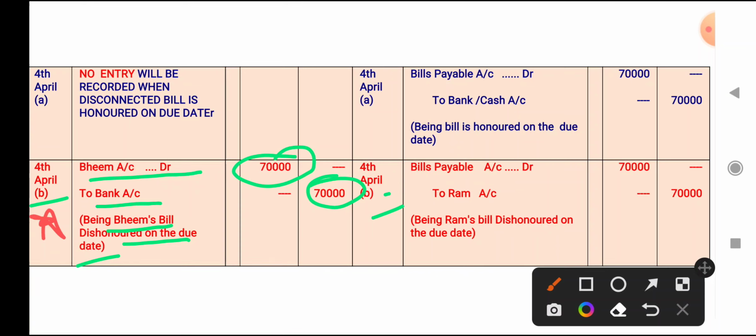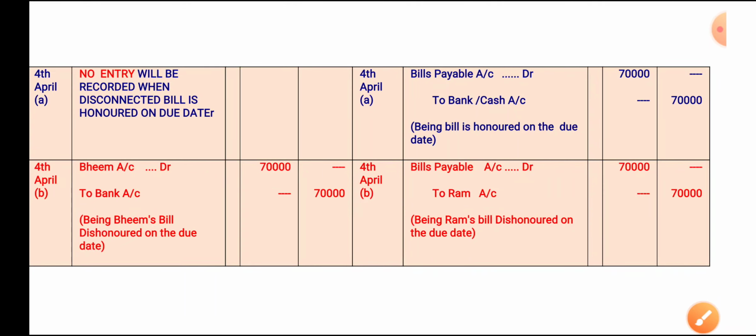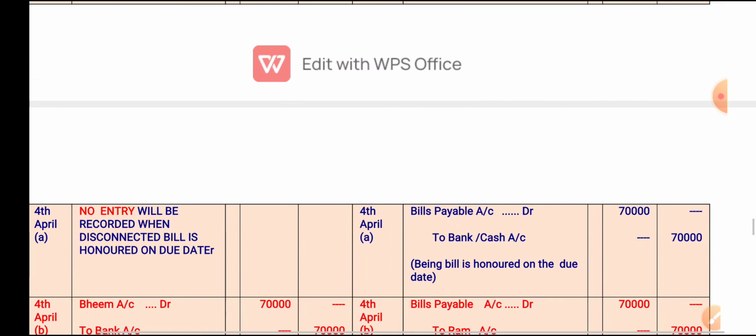Similarly in the books of Beam, bills payable account to Ram account 70,000, being Ram's bill dishonored on the due date. These are the things you need to understand. I have tried to complete the answer in 20 minutes twice, so that you can understand the things comparatively also.